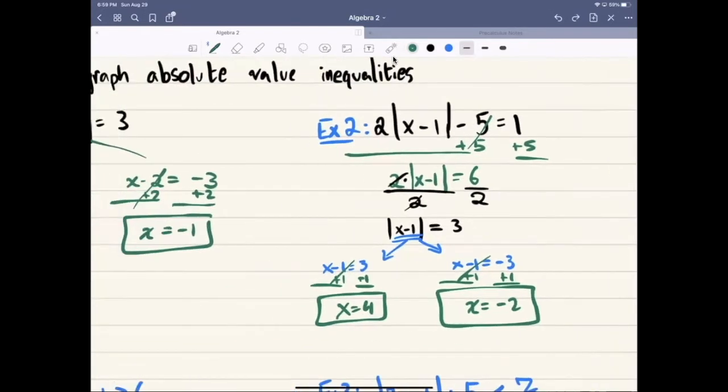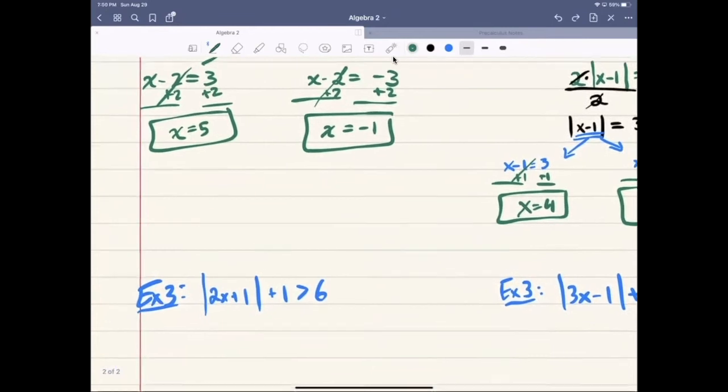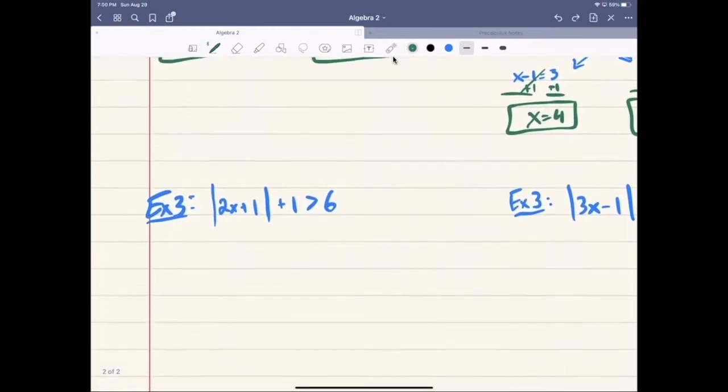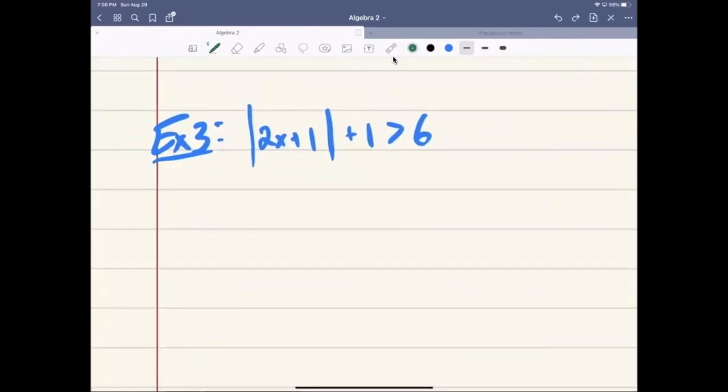Now we're going to do some absolute value inequalities. So when you have greater than, you know you're going to have to split up this problem. But once again, we can't split up our problems until we get the absolute value by itself. You're going to notice that what makes this problem different is that we have an inequality symbol. Don't worry, I'll show you what we do with that when we get to it.